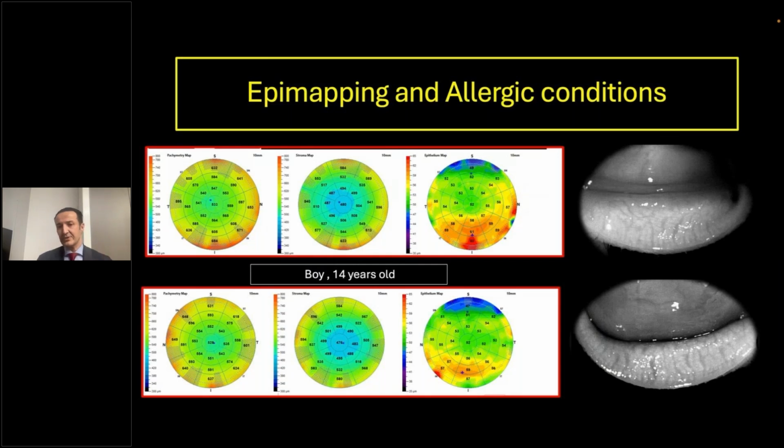Again, we can observe hyperplasia on the inferior part, and this hyperplasia is more pronounced with the meibomian gland dysfunction. And look in the right eye, we observe the telangiectasia, more pronounced as compared to the left eye. So it makes sense that this hyperplasia is completely linked with the ocular surface disorder.